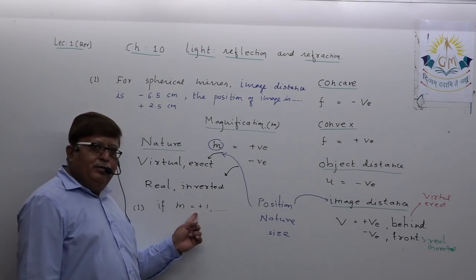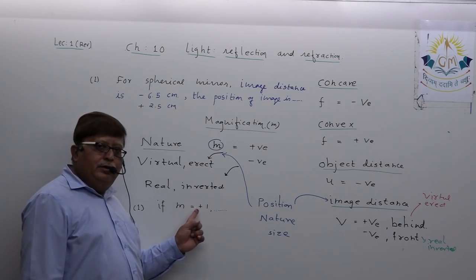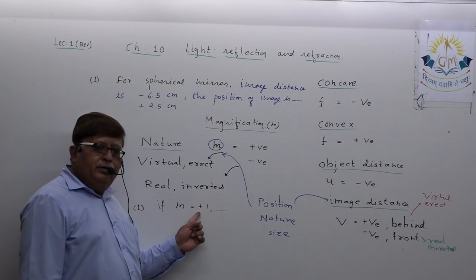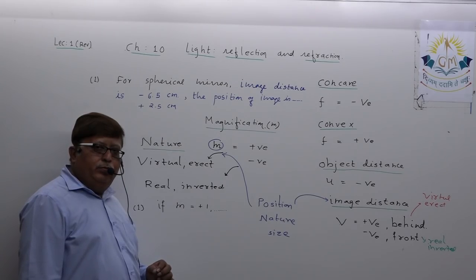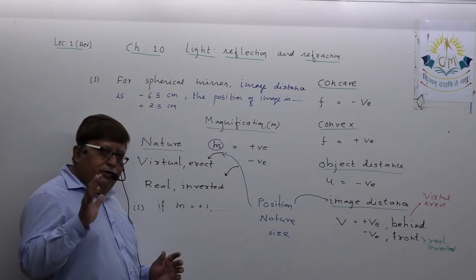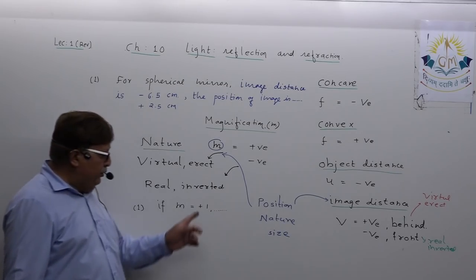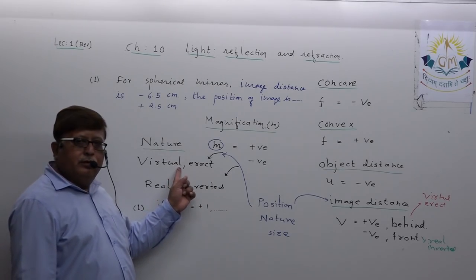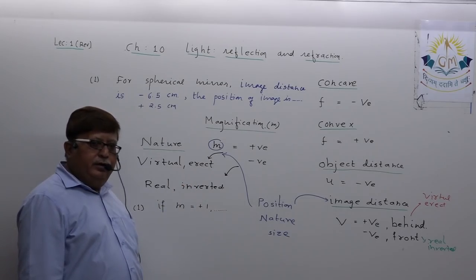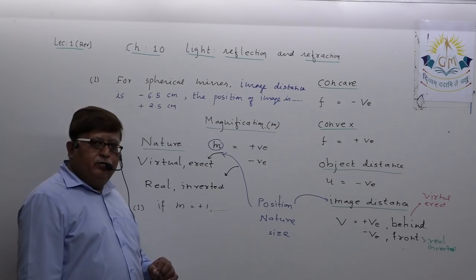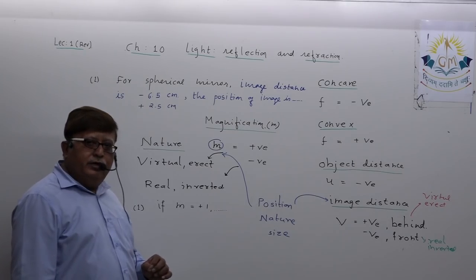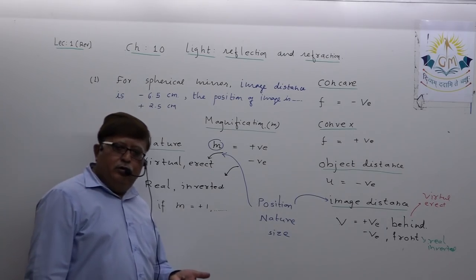I have already mentioned not only the sign of the magnification but the value also. M equal to plus 1. See, try to clear your basics. Plus means virtual and erect. 1 means size of the image is the same as the object size.